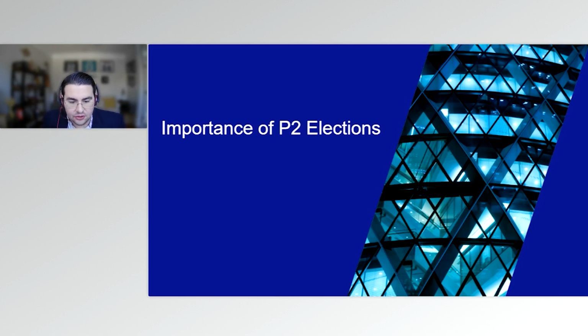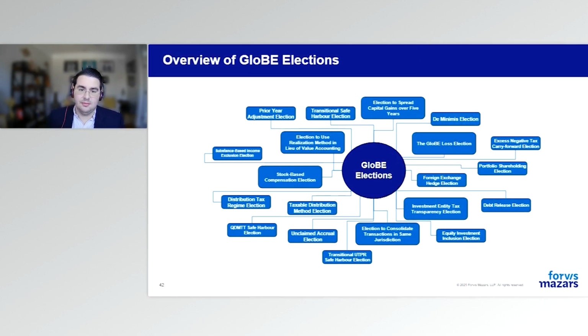Pillar 2, like any new tax regime, has its own formal set of multiple elections. And in a prior session, we went through almost all of them. There have been some thrown out in administrative guidance, so we'll look into refreshing that segment going forward. But this is an overview of some of the various elections that taxpayers and MNE groups can make, that affect Article 1, Articles 3 and 4 for GLoBE income and covered taxes, and even Article 6 in some cases.